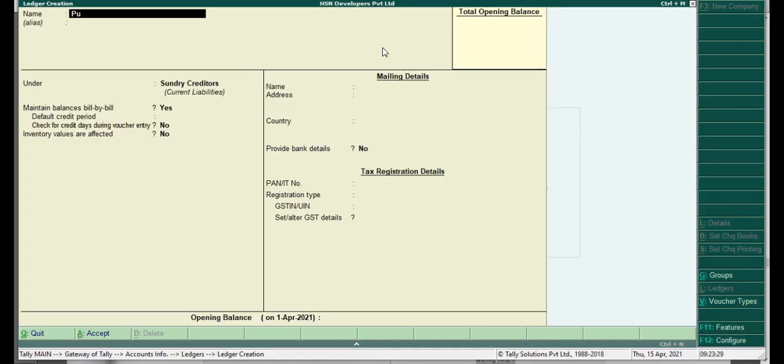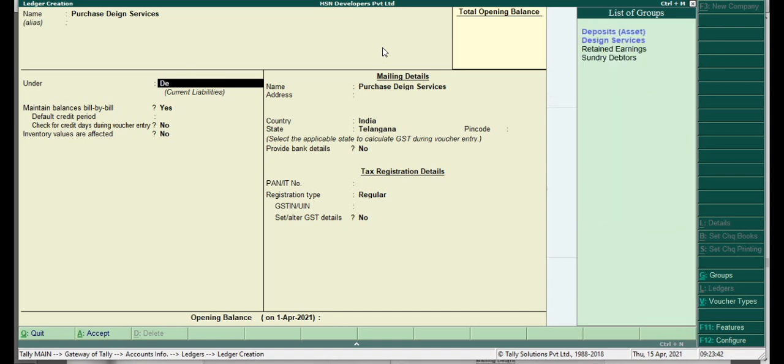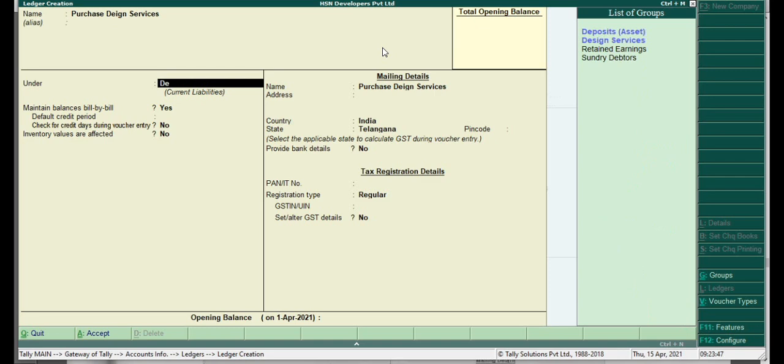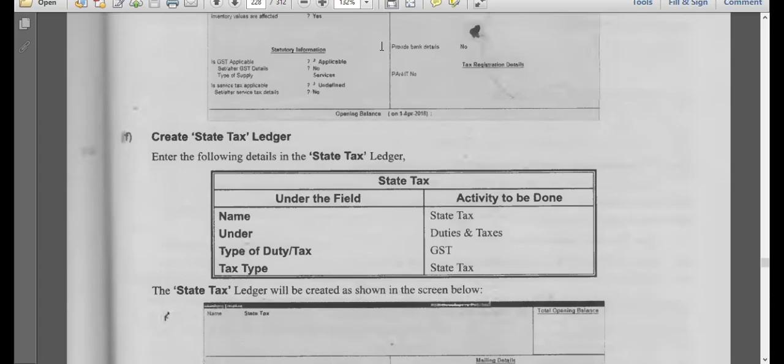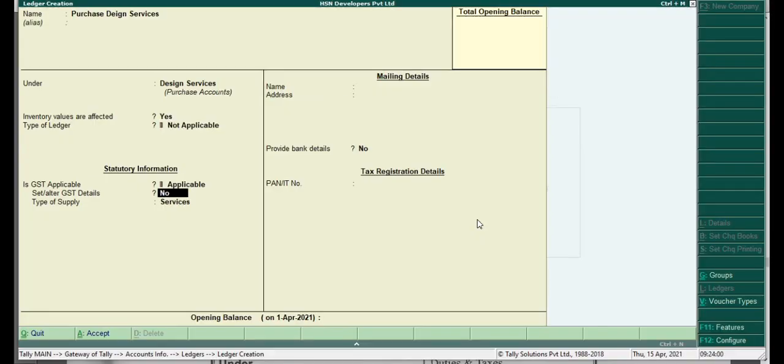Okay, purchase of design services under design services, applicable services.